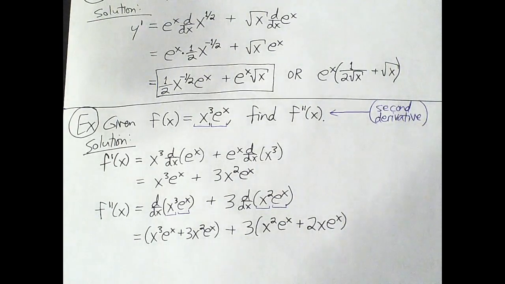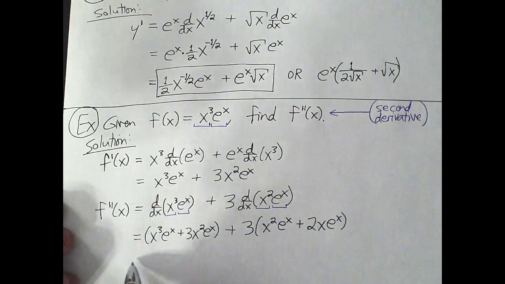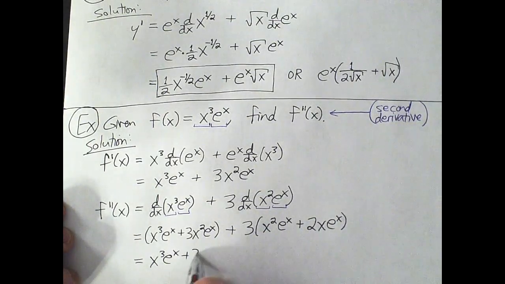So are we done? Well, technically we did find the derivative, but in this class, it's kind of implied that we also want to simplify our answers. And we want to see, can we simplify this at all? I think I'm going to get rid of the parentheses and distribute this 3.